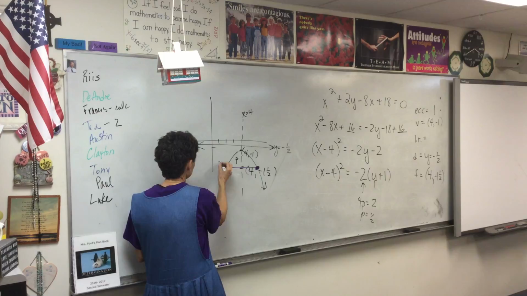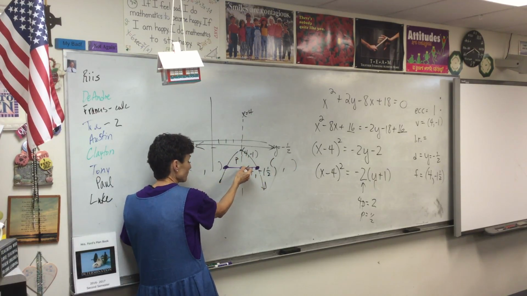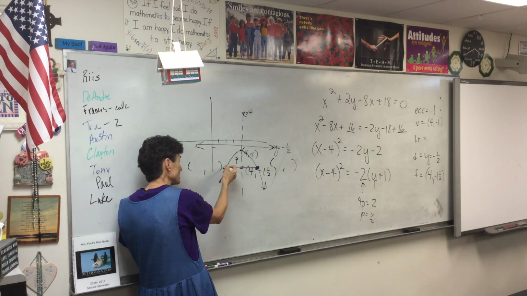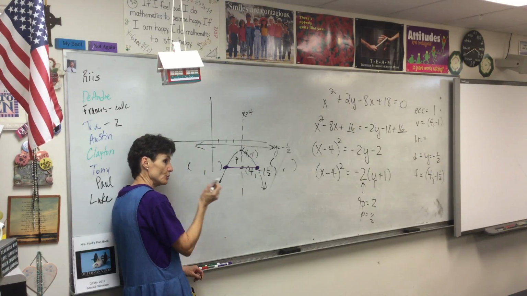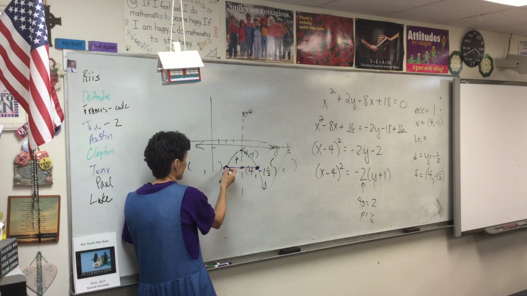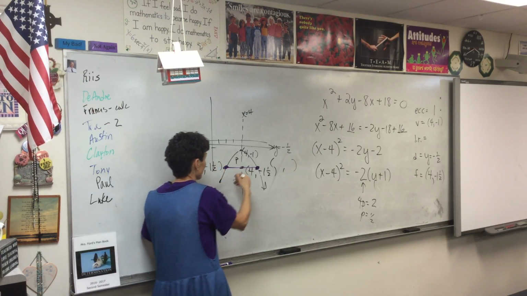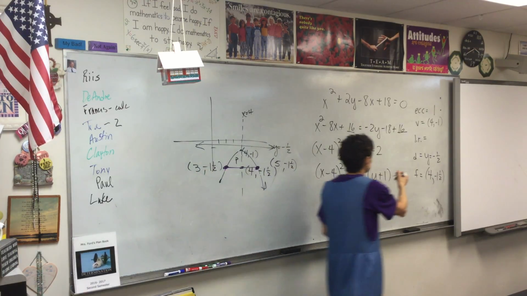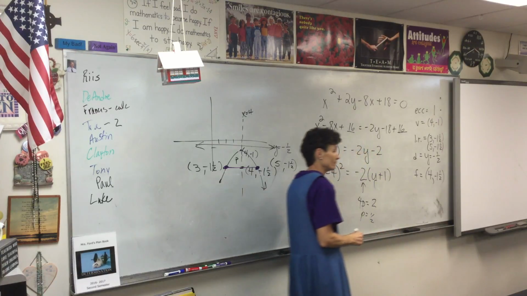So if I want to know what these 2 purple points are, I'm going to start right here at the focus in the middle, and I'm going to go back 1 and forward 1, right? Because it's 2. So where will I be? If I back up 1, I will be at 3, negative 1.5. And if I go forward 1, I will be at 5, negative 1.5. So 3, negative 1.5 and 5, negative 1.5. And that's it for that guy.